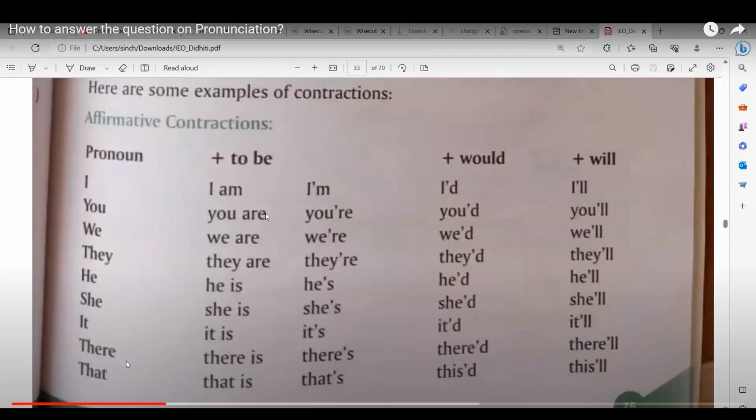Okay, now Tuhin, read this one better. There is, there would, there apostrophe D and there apostrophe double L. So what are we writing through apostrophe, Tuhin?